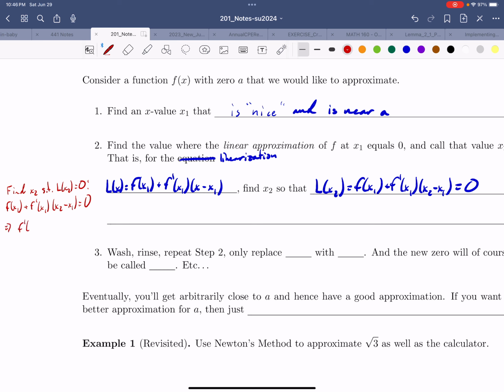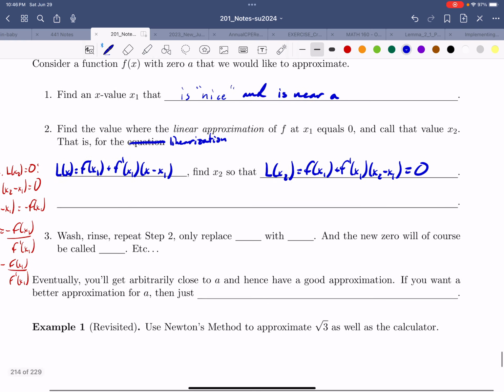We get f prime of x1 times x2 minus x1 equals negative f of x1. Divide by f prime: x2 minus x1 equals negative f of x1 over f prime of x1. And then just add over the x1, and we get x2 equals x1 minus f of x1 over f prime of x1. Whew. All right, so I'm just going to write all that over here.